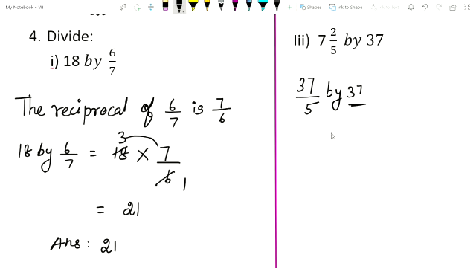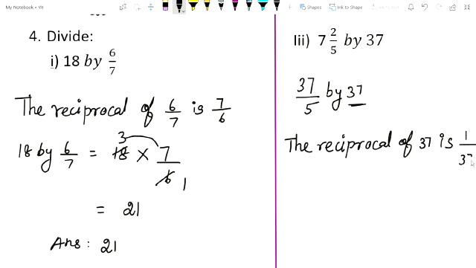You have to take the reciprocal of the divisor. Here 37 is the divisor. So the reciprocal of 37, 37 means 37 by 1. So the reciprocal of 37 by 1 is 1 by 37.